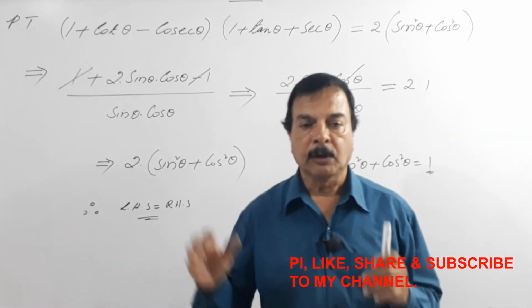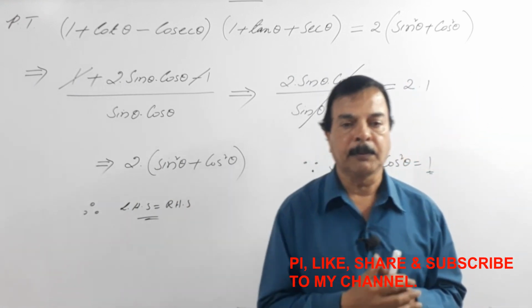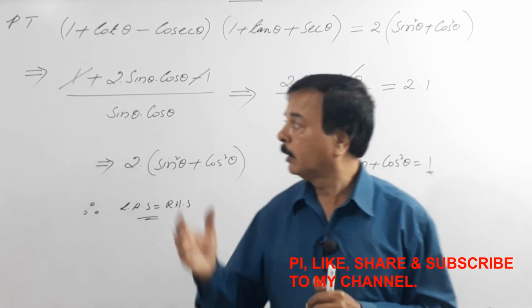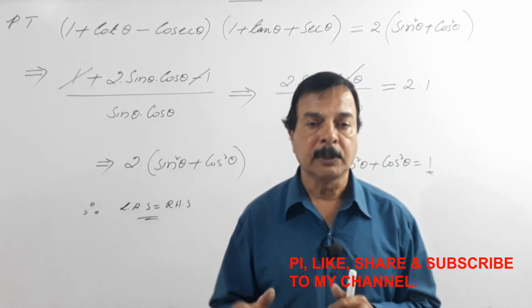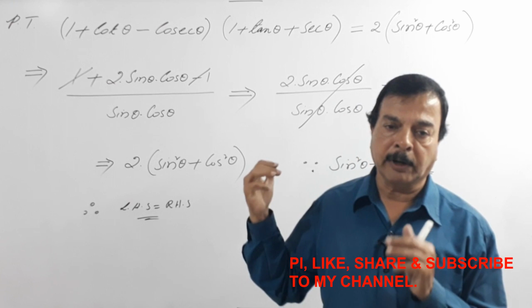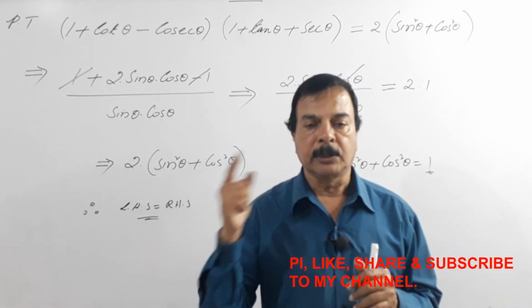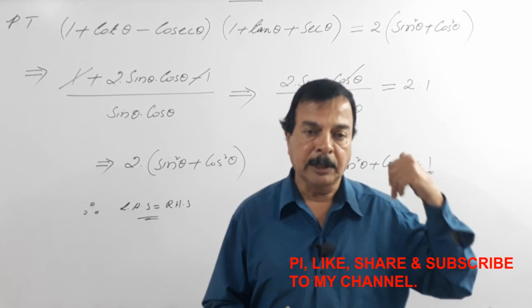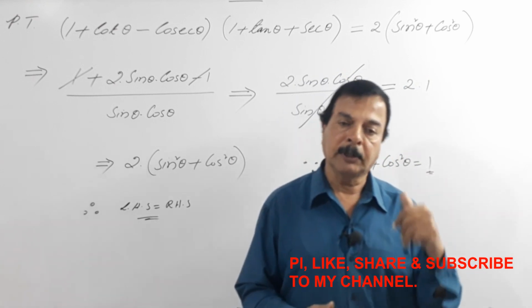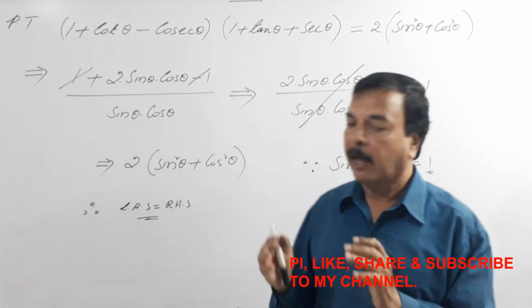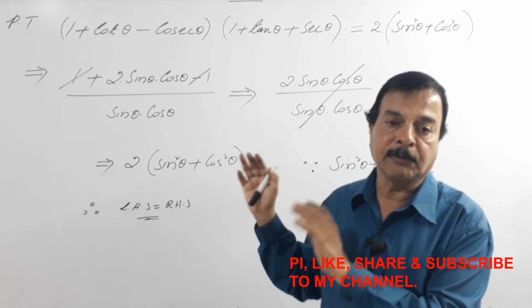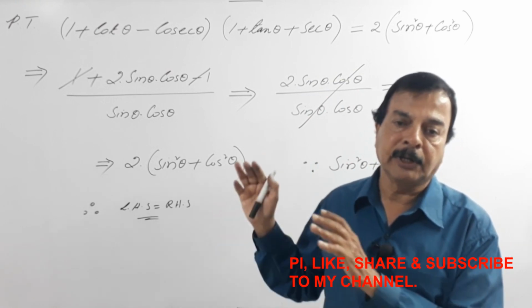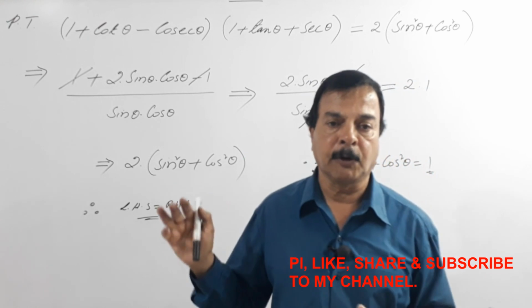So dear students, we have done quite a number of problems starting from part 1, part 2, part 3, and here also I have done a lot of problems. But the problems I have done in the last episode are very, very important from the examination point of view. Not that part 1, part 2, part 3 are not important, they are equally important, but I have given separate privilege to this. These are exclusive problems for the examination point of view.